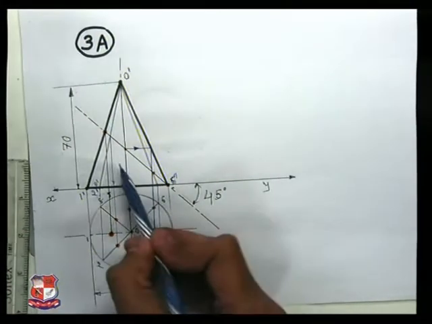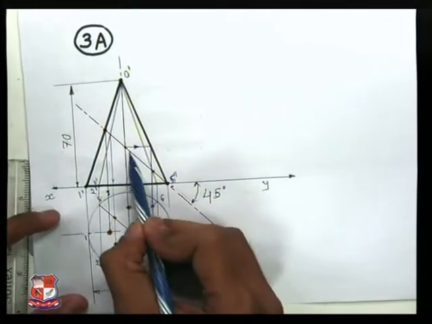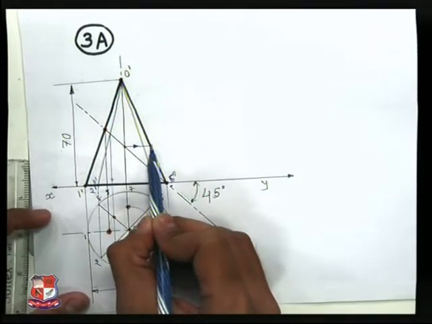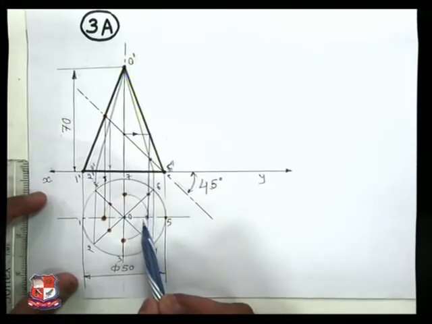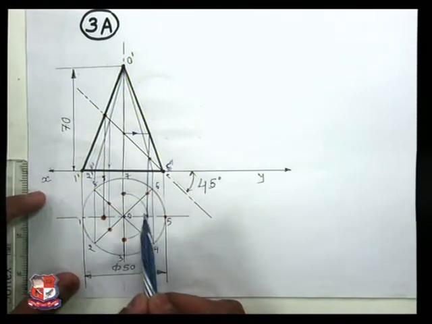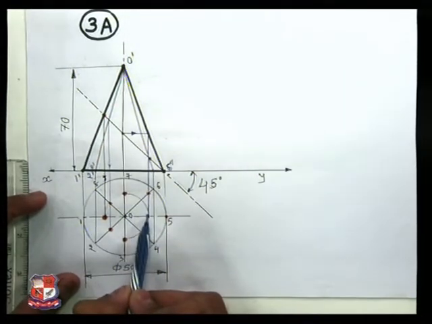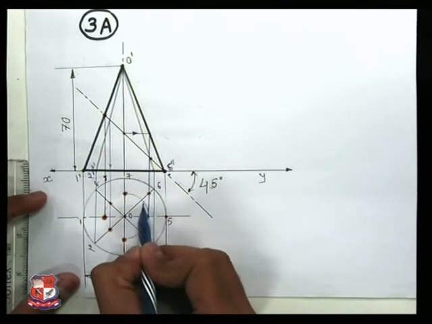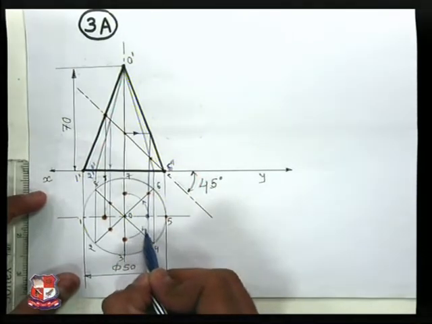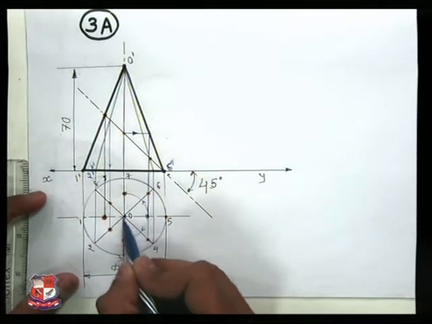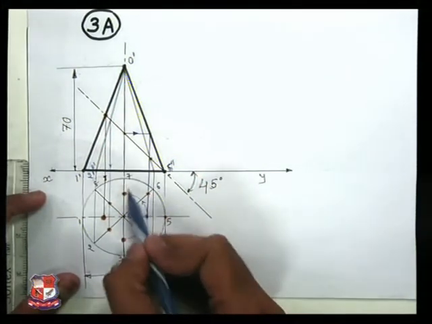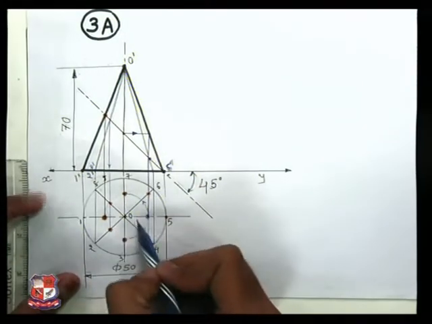What we have done, we have transferred this point to this top view by drawing like this. Draw horizontal line from here up to true length, vertical line from that. From O5, take O as a center, O to this point as a radius, draw an arc like this. On this side, draw an arc on this side. That arc will cut O3 at one point and O7 at another point. So this is another point of intersection.